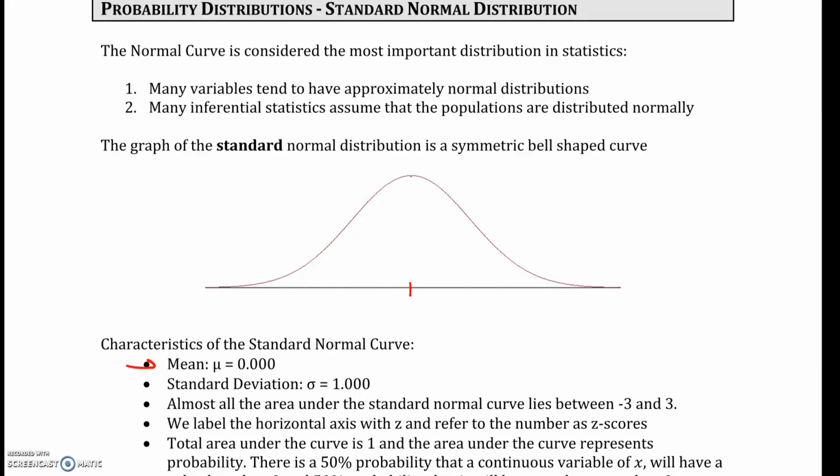The center of our standard normal distribution has a value of 0. Okay, so the mean is 0, and the standard deviation is 1. And so what that means is that we have this horizontal axis, which we refer to as the z-score, and it increases in increments of 1.